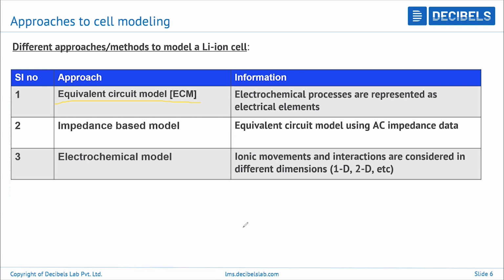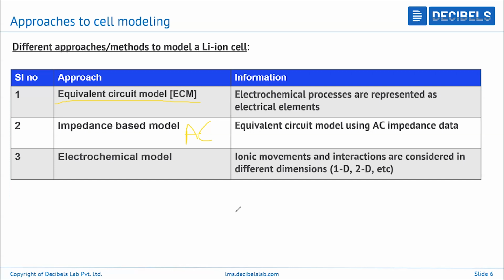So then we have impedance-based model. Basically, impedance-based model is very similar to equivalent circuit model. The approach is different. That is, you are utilizing AC current over here to model the entire cell. All the electrochemical processes can actually be separated out utilizing AC current.